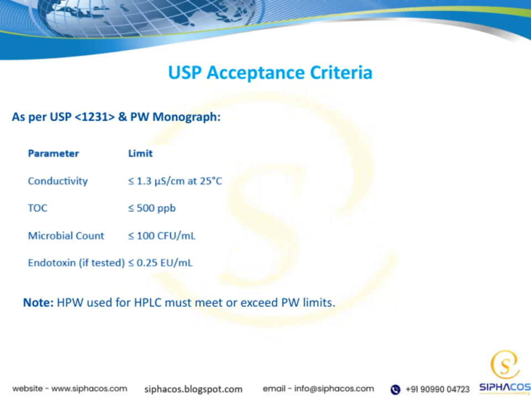The key takeaway here is that ensuring compliance with these criteria is critical for maintaining the reliability and accuracy of our testing processes. By adhering to these standards, we help guarantee the quality and consistency of the pharmaceutical products we work with. So, in summary, always remember that the HPW used in HPLC should meet or go beyond the limits specified in the USP and PW monograph, reinforcing the importance of strict quality control.